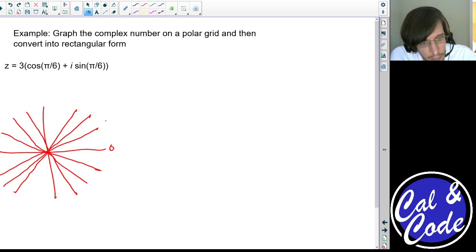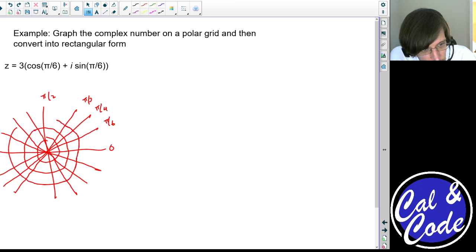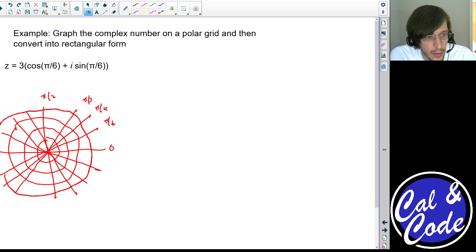Alright, so there's 0, there's pi 6, pi fourths, pi thirds, pi halves, etc. And then we have our circles going out. On the test, guys, students of mine, I'm going to have a polar grid already drawn for you. You will not have to draw one. Okay? I know these can kind of be a pain to try to draw.